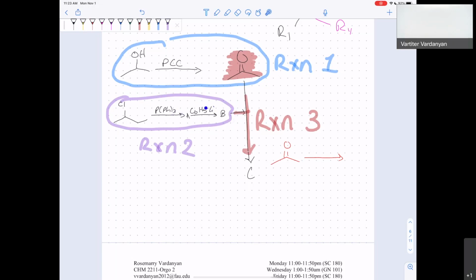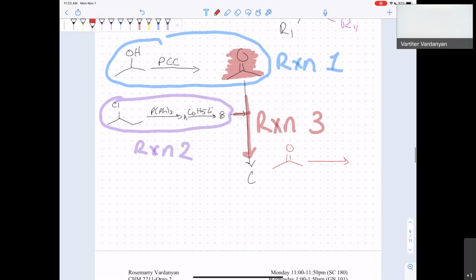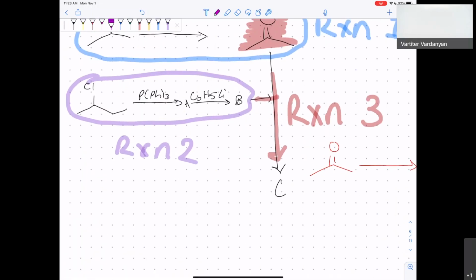So PPh3 plus C6H5Li tells us that what reaction are we doing? Yes, it's the Wittig, but specifically, we're just making the ylide in reaction 2. So we could either do this the long way, or we could do it my way.